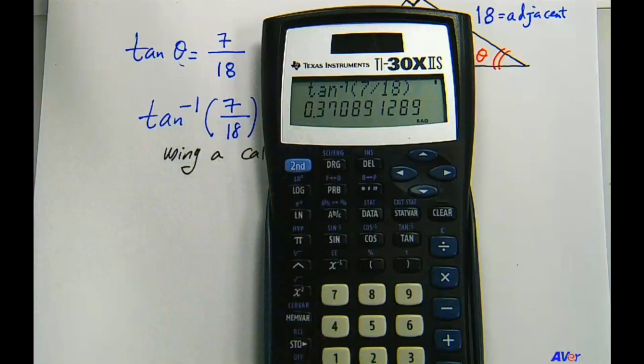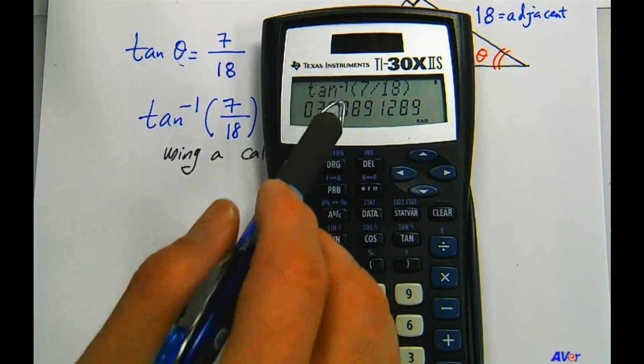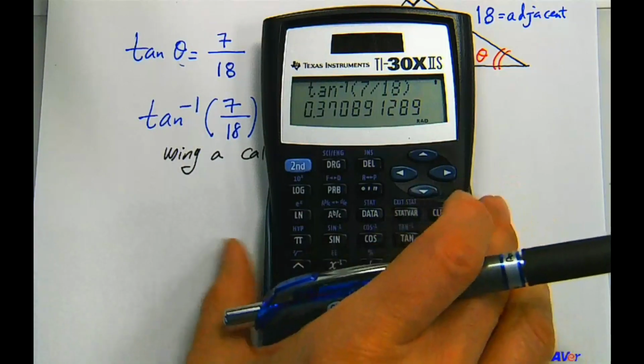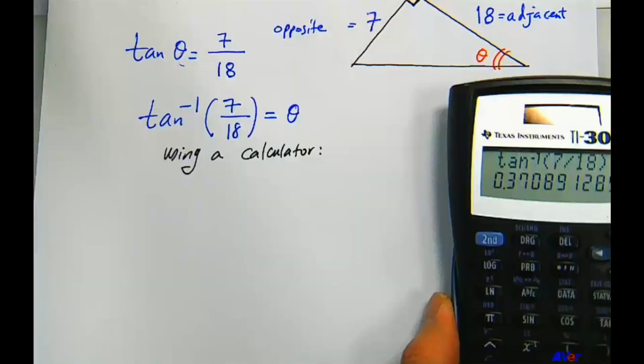So it's going to give me radians, so 0.371 radians, rounding to 3 decimal places. All right, and I have the result in degrees.